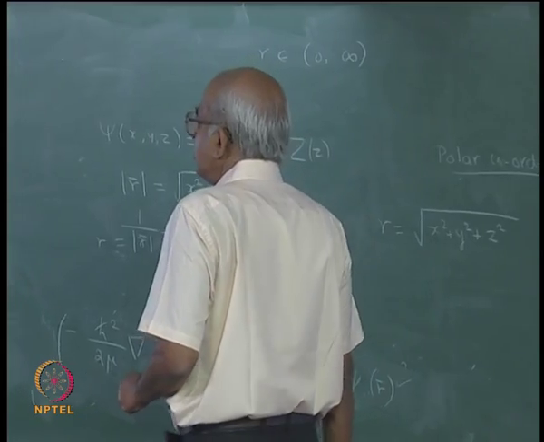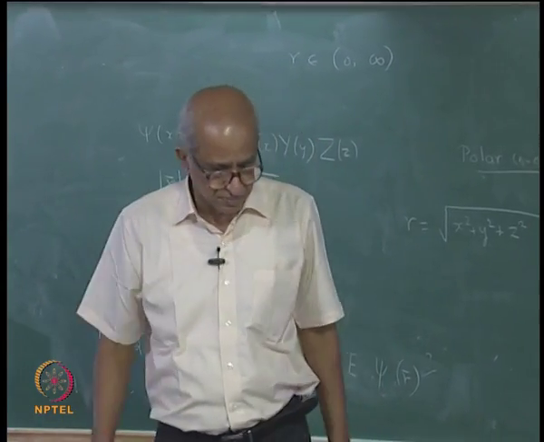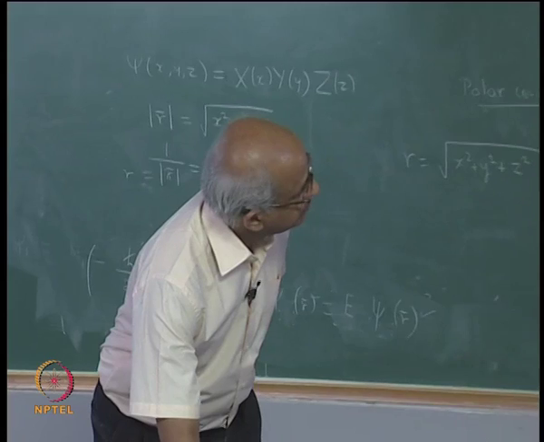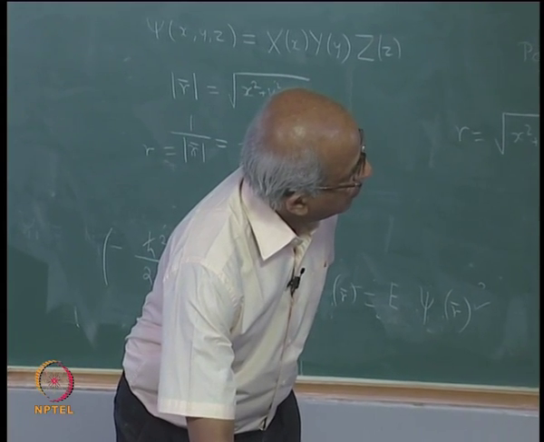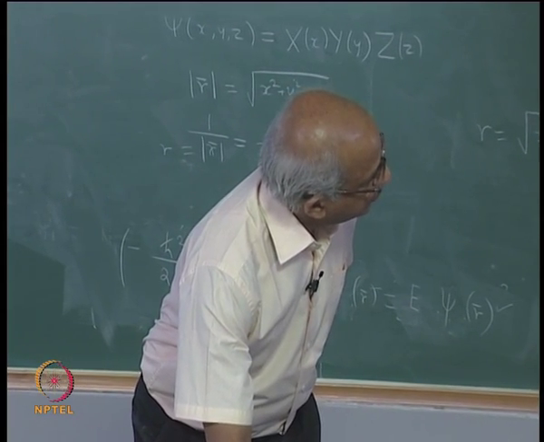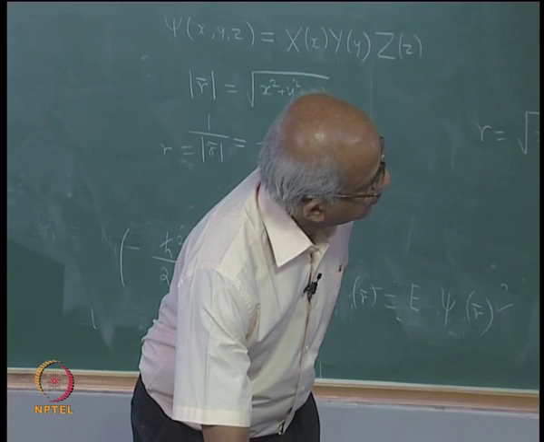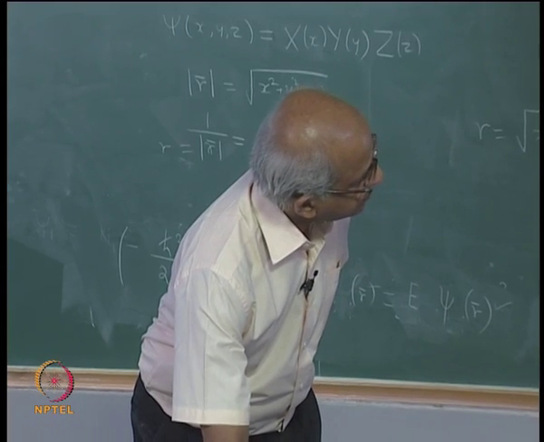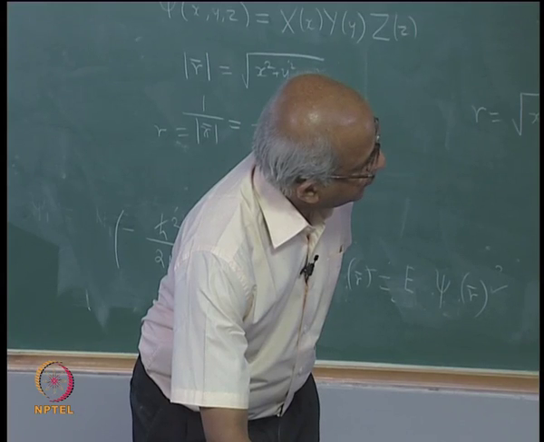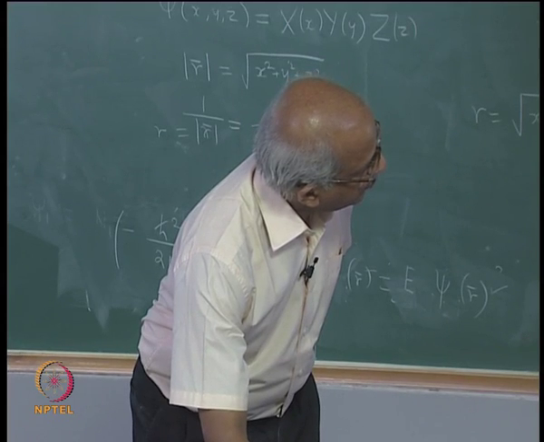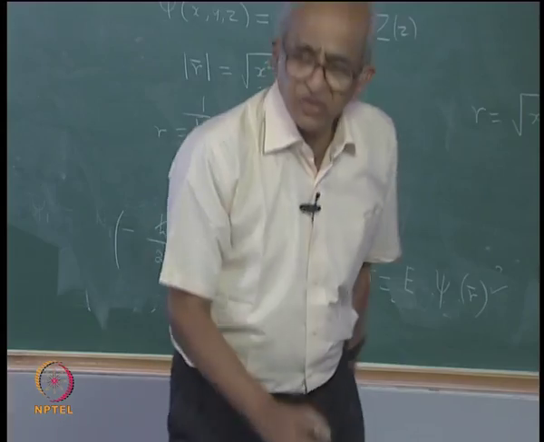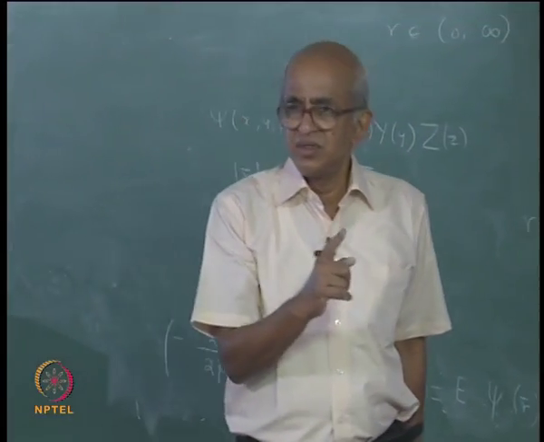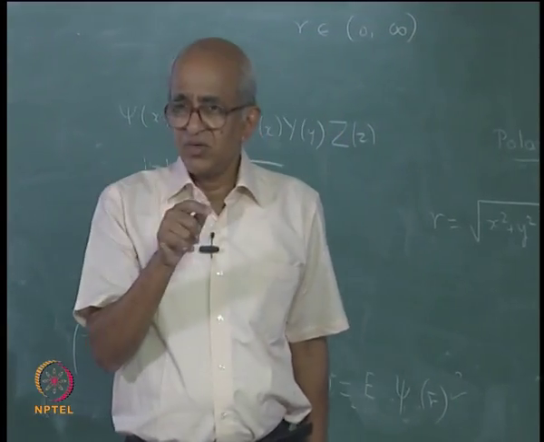Well, you can imagine that the point P is joined to the origin, that is the line which has a length r, and if you wanted to specify the orientation of this line in space, how will you specify the orientation?